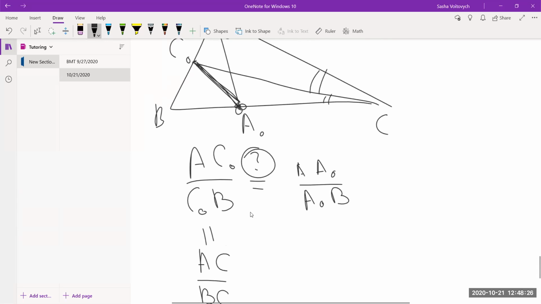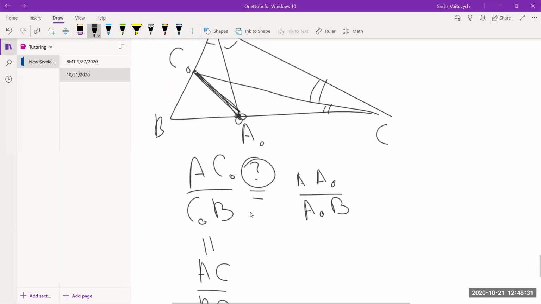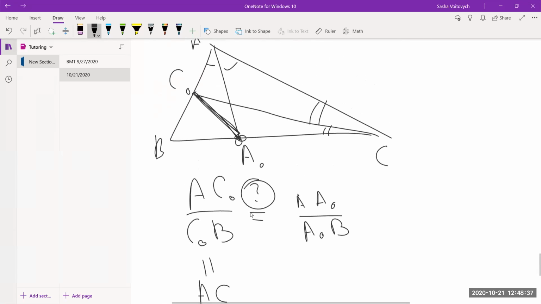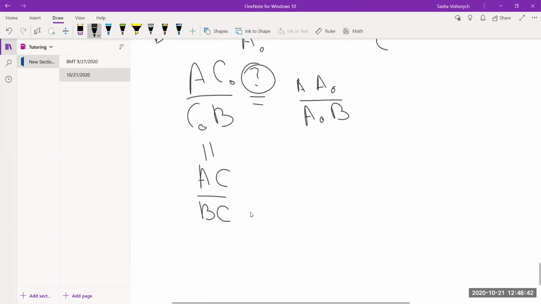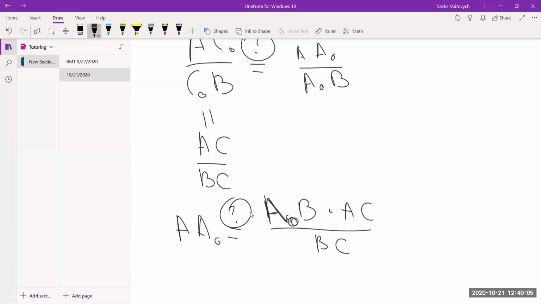So we aim to show that AA0 over A0B is equal to AC over BC. Yeah, so this is what we need to show.